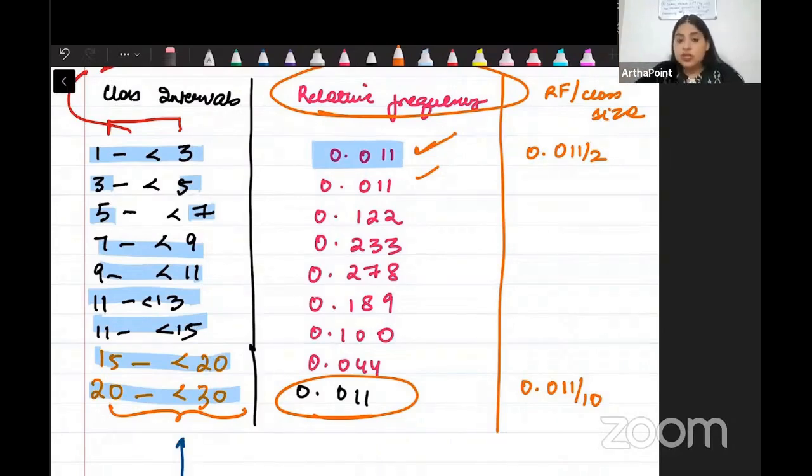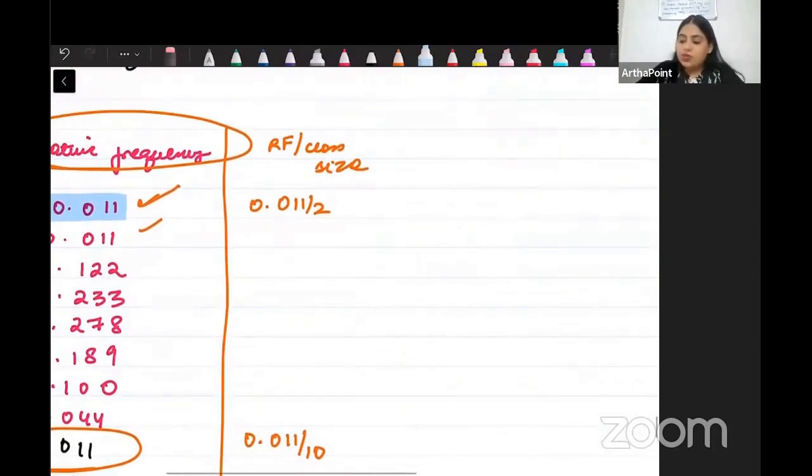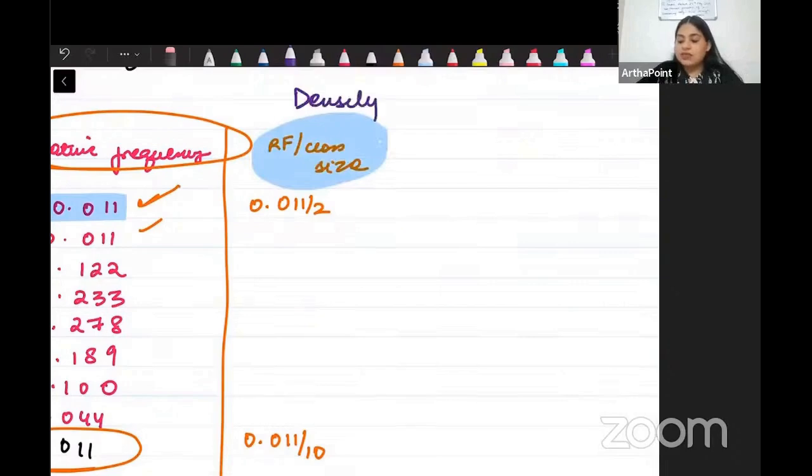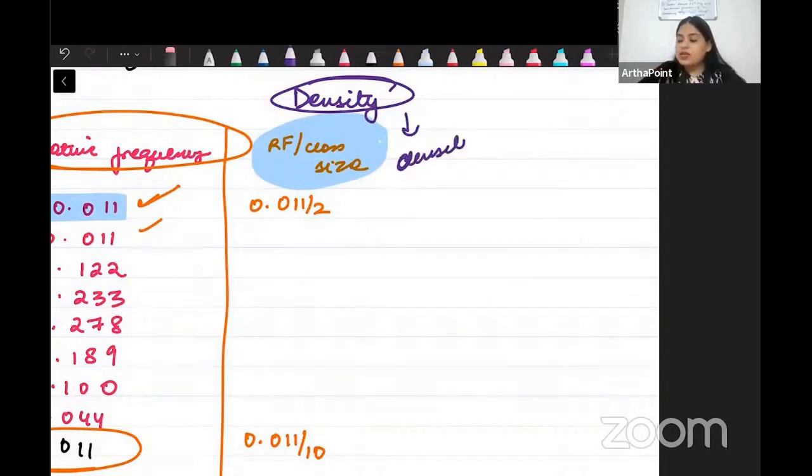And when you do this, then beta, this value that you get is called density. Again, an important MCQ question. What is density? And when you plot these, the rectangles that come out are called the density scale. So why is density important?